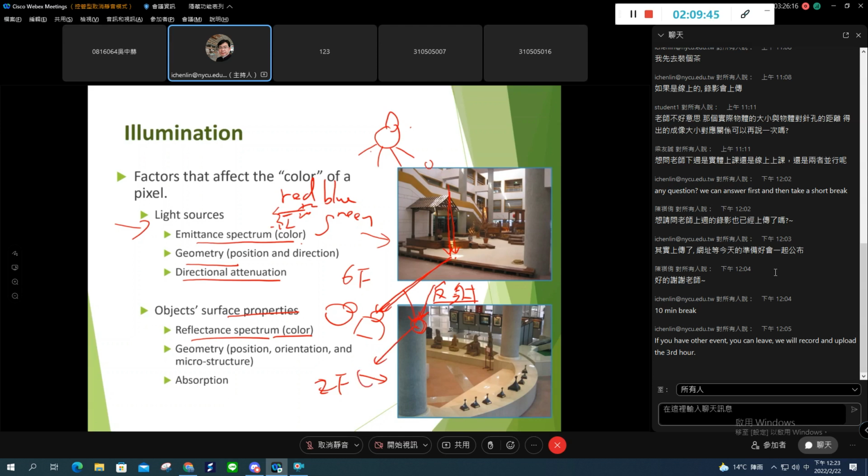So therefore, we can see a gray intensity at this region. That is because the light is absorbed and partially reflected. Okay, so the reflected light is related to the object's geometry, such as location, orientation, and microstructure, and all of them will influence your light refraction.